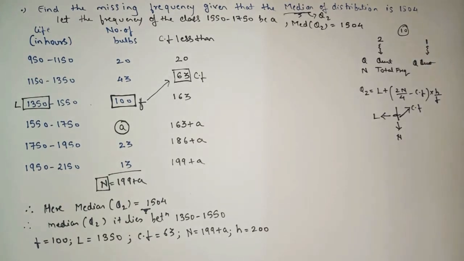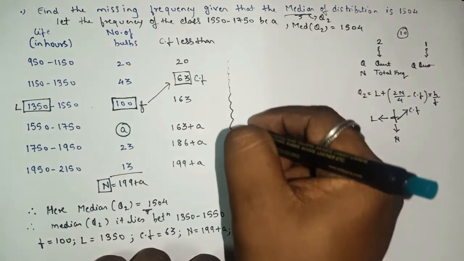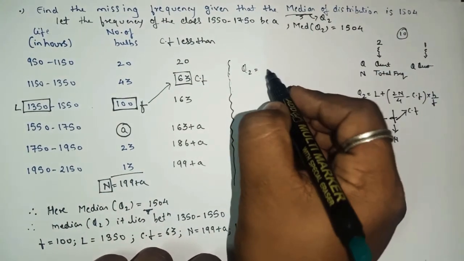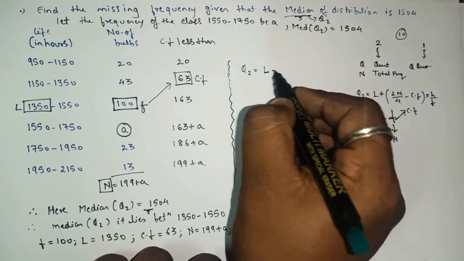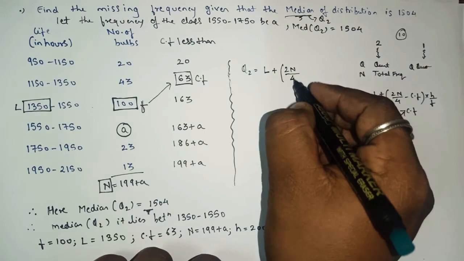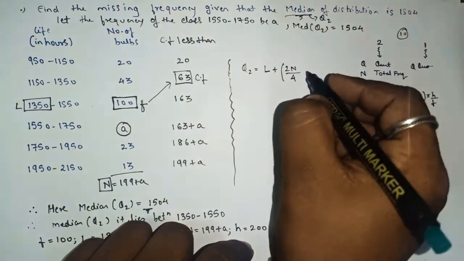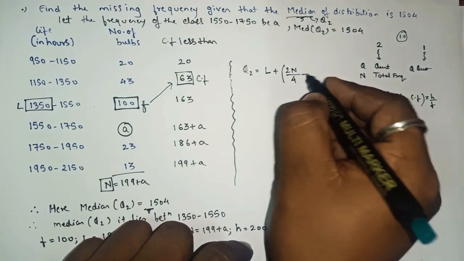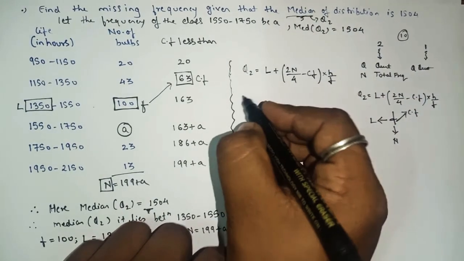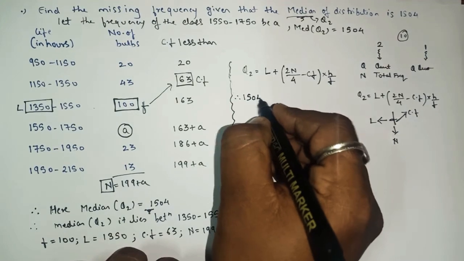So now we can easily apply the formula. Yes or no? So here we know, what is the formula for Q2? It is Q2 equals L plus (2n upon 4 minus CF) into h upon f. So what is the value of Q2? It is 1504.